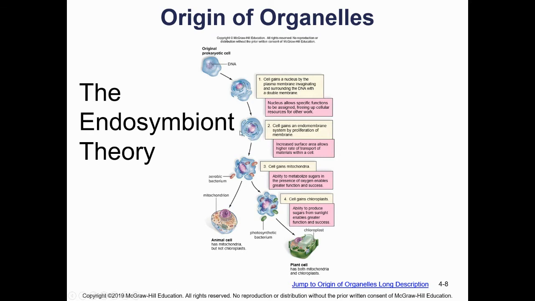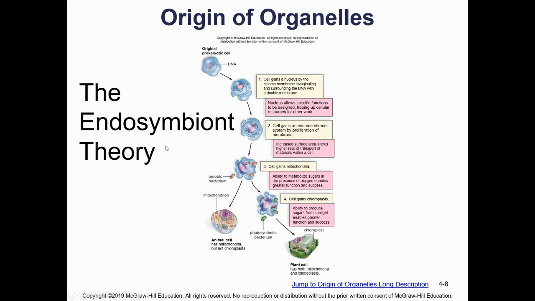So as we got more and more interior space, more and more of this protection, this separation of functions, those cells would have had a benefit. Because they could get bigger, because they could do more things, because their chemical reactions wouldn't have to be separated out by time if they were separated by place, because we don't want our reactions to interfere with each other. So that would let us get bigger and bigger.